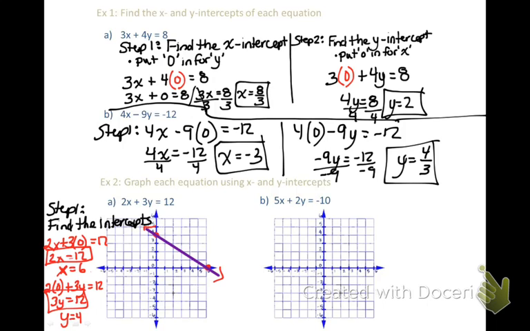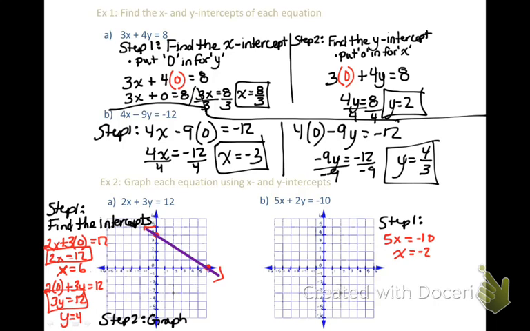Let's try the next one. Step 2 for you who did not know. Step 2 is graph. So step 1. I'm going to just skip some parts. I'm going to find x first. So I'm just going to go 5x equals negative 10. This is what I'm talking about. And x equals negative 2.